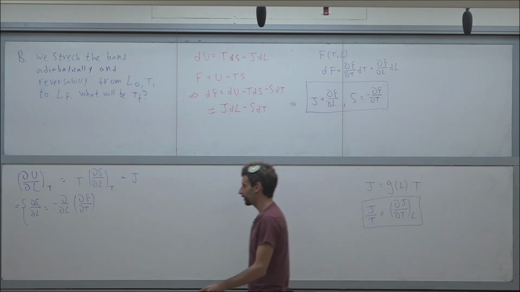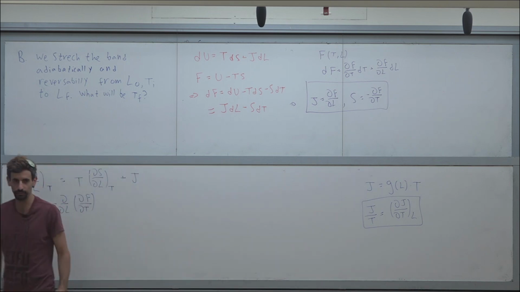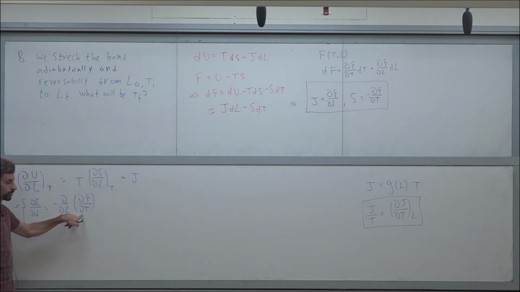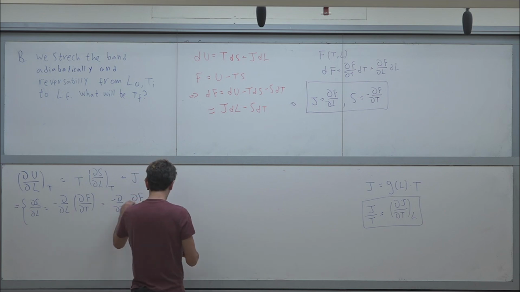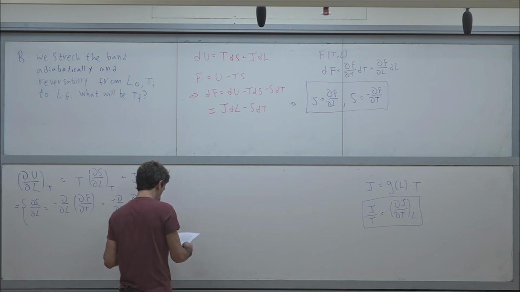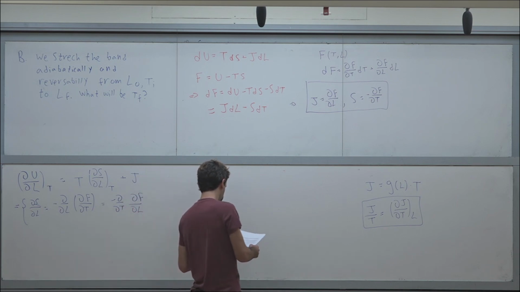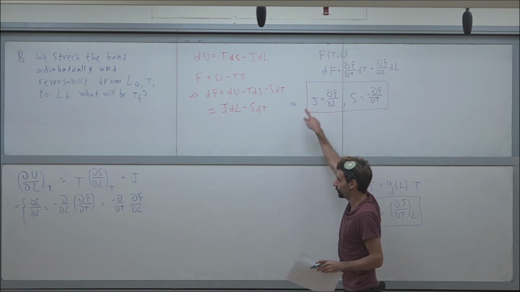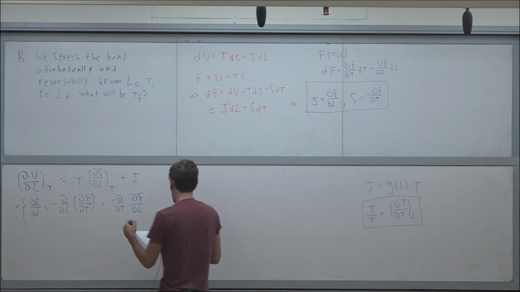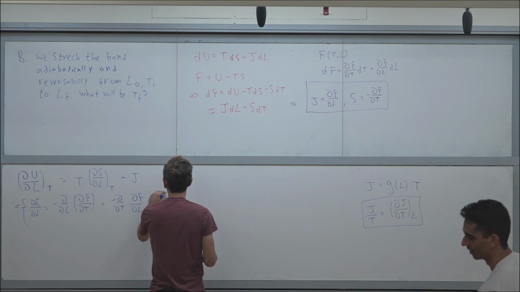And of course, because everything is smooth and all the functions behave like I want them to, I can switch between these two derivatives. So it's minus ∂/∂T of ∂F/∂L. And ∂F/∂L is J. So it's minus ∂J/∂T.